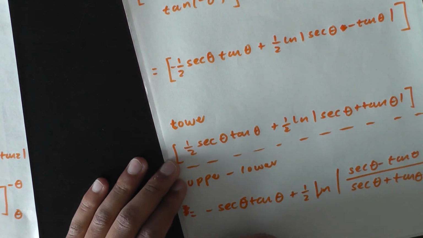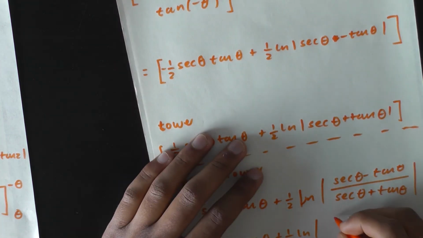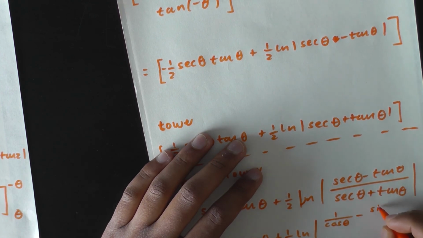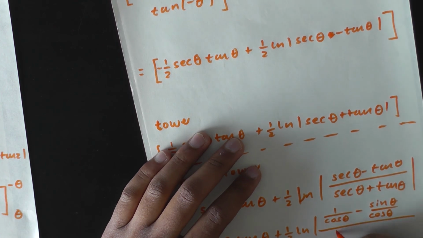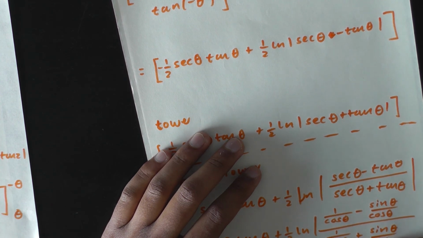Okay, now to simplify this, we do minus sec theta tan theta plus half ln of 1 over cos theta minus sin theta over cos theta, over 1 over cos theta plus sin theta over cos theta.